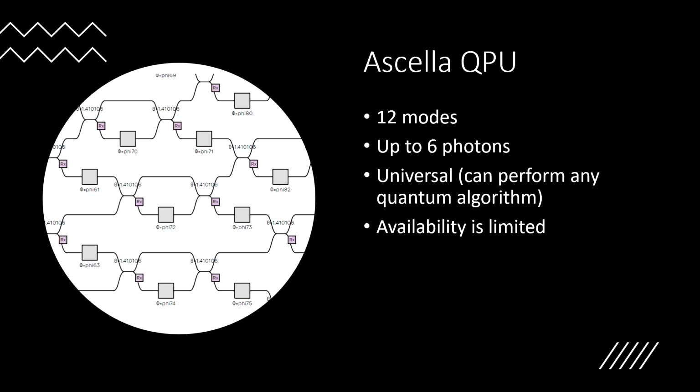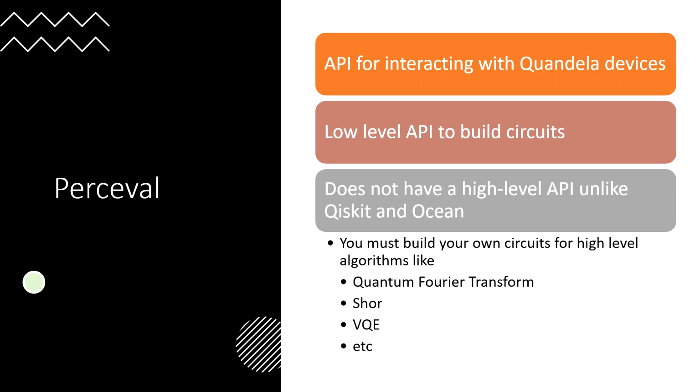One of the things that I noticed is that availability was limited when trying to use this hardware, so I mostly was using simulators to experiment with the system. And so this is where I get to Perceval.